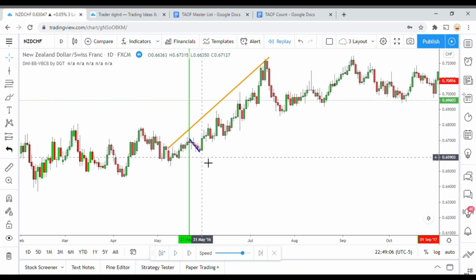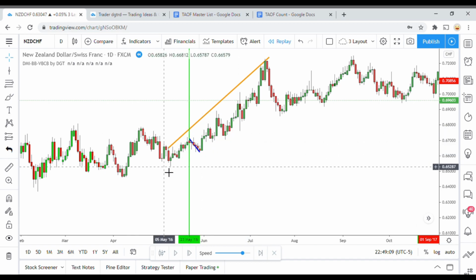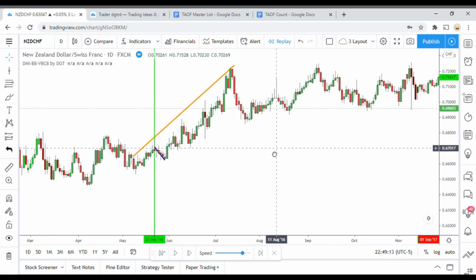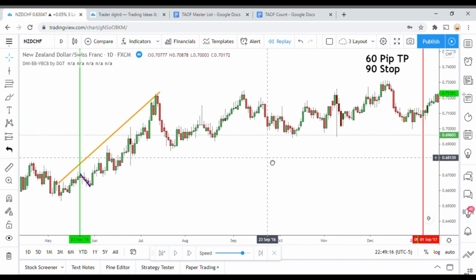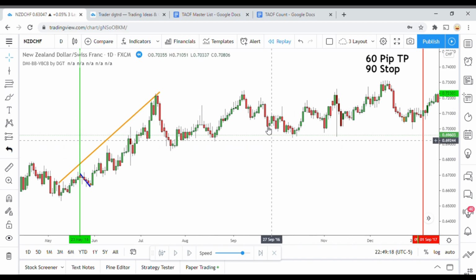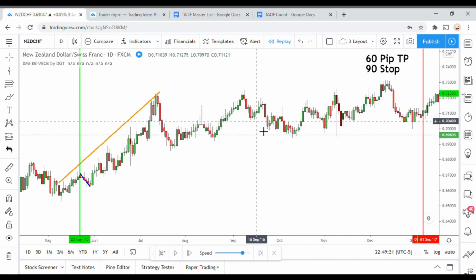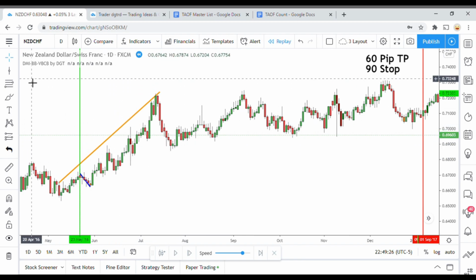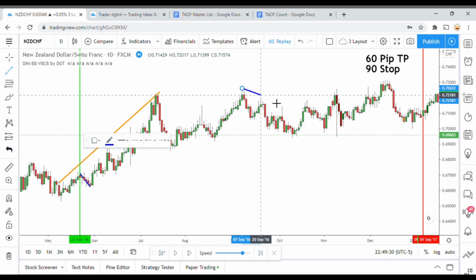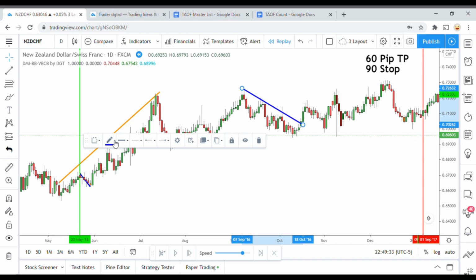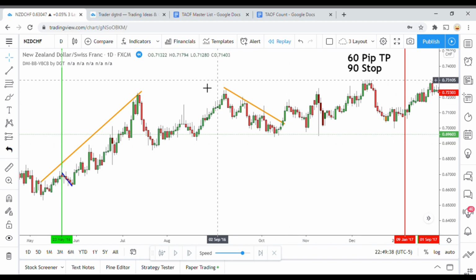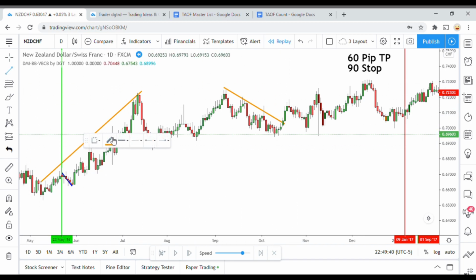But again, what you'll find is that there are some indicators that seem to always get you in right at the point where a pullback is taking place. Here's a good example again over here, and this is a really strong pullback right here. So this might be a better example. Price action takes this decent little move to the downside here, definitely enough for you to get in and get some pips.